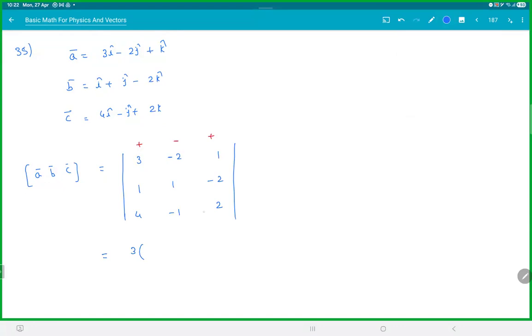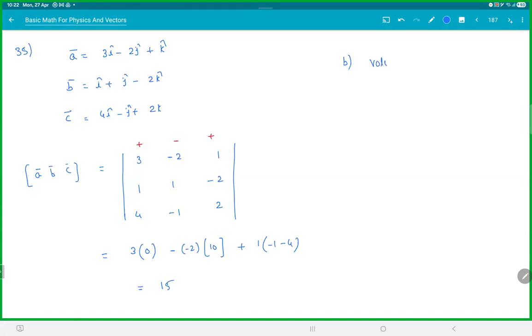That will be 3 times, that will be 2, minus, minus, 3 minuses are there. So that is 2 minus 2, that's 0. Interesting. Then minus of minus 2, and that is 2 plus 8, that's 10. That's 1, and minus 1 minus 4, and that's 15. So that's your box product.